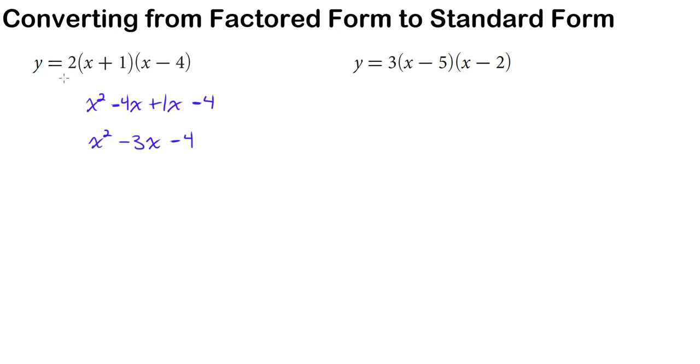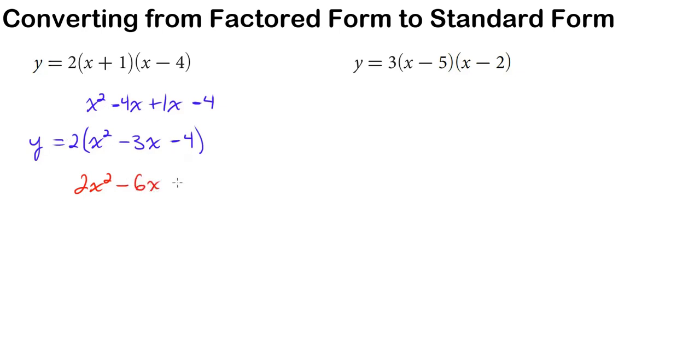But we can't forget about this k value of 2 here. We still need to take care of that. So now we need to distribute this 2. So we're going to need to multiply everything inside this parentheses by 2. So 2 times x squared, that is 2x squared. And 2 times -3x, that is -6x.